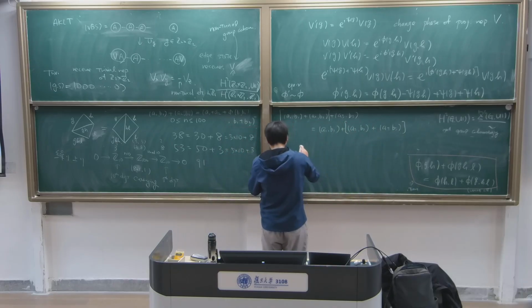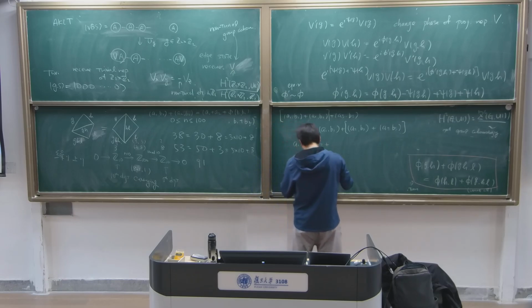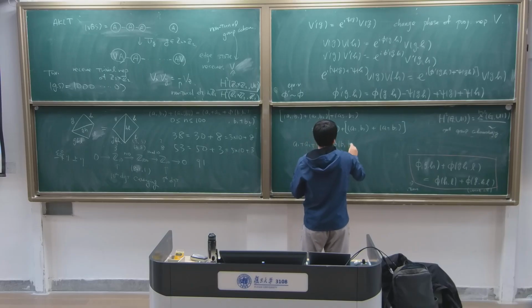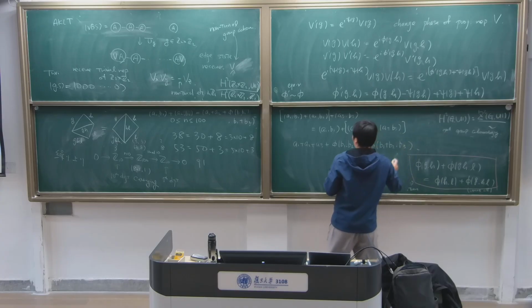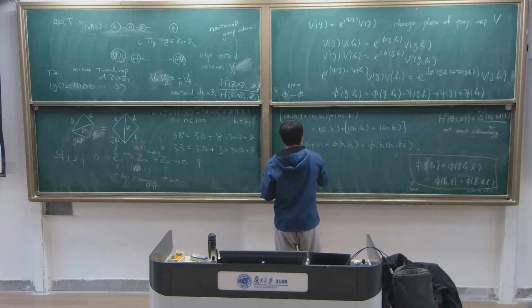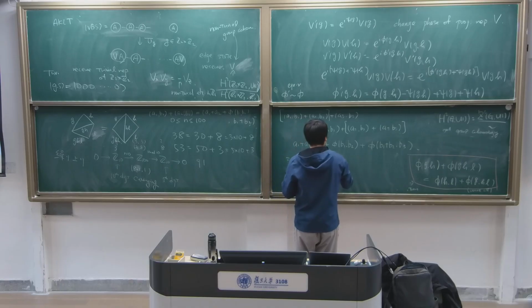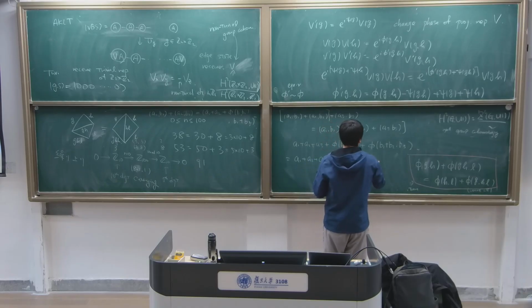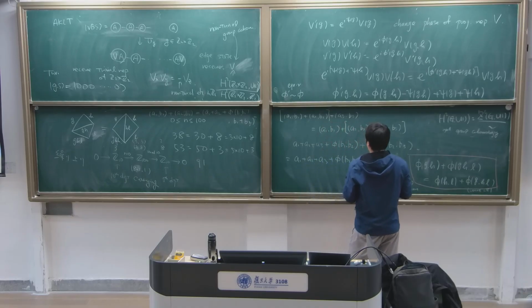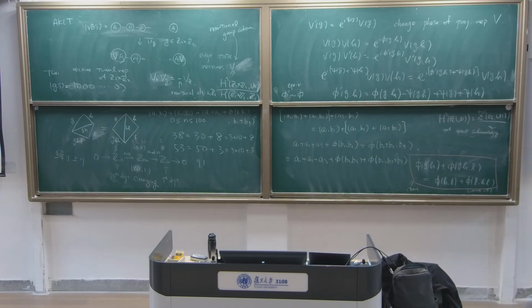From alpha 1, what we get is A1 plus A2. Lower one, what you get is the same here, but the other piece is different. Like this.